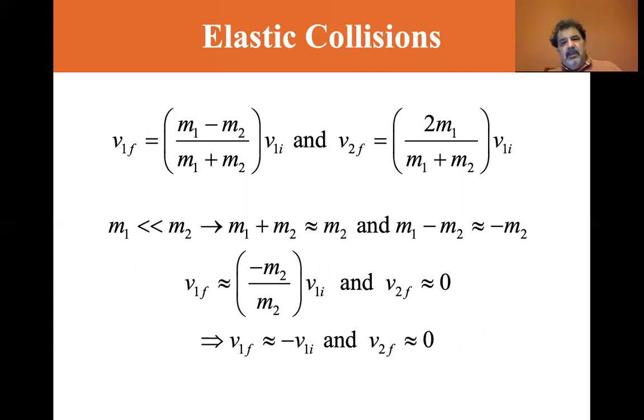If that's the case, then V1 final is approximately minus 1 times V1 initial, and V2 final is approximately 0. V1 final equals minus V1 initial, so it's in the opposite direction, and V2 final is approximately 0. This is where M1 is much, much smaller than M2.